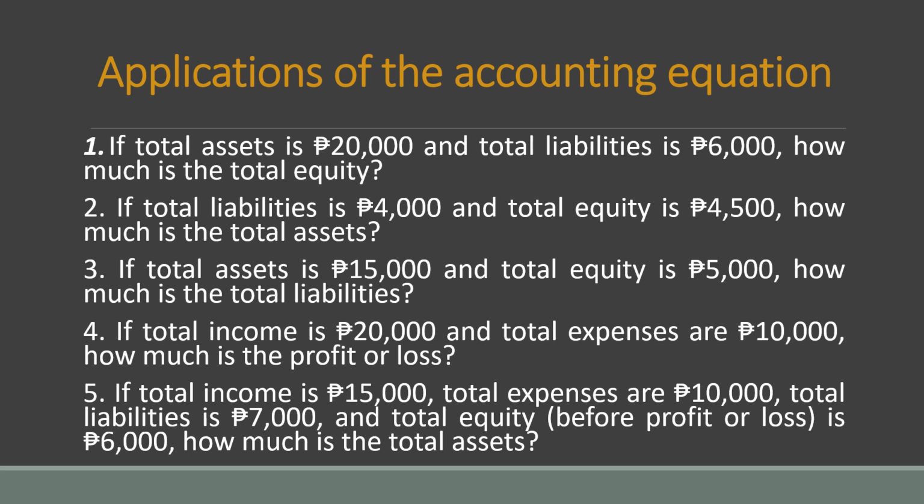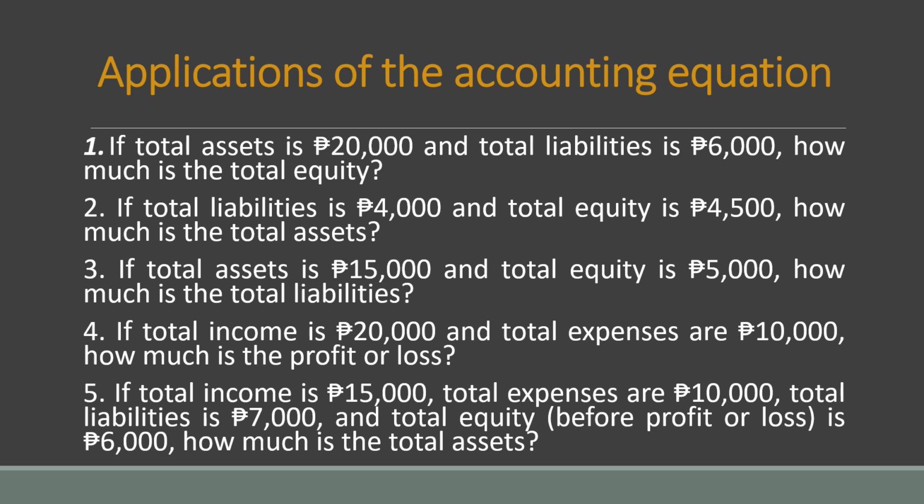Next, number 4 question. If the total income is 20,000 and the total expenses are 10,000, how much is the profit or loss? So, remember the expanded accounting equations na nakalagay doon, income less expenses is net loss or net income.